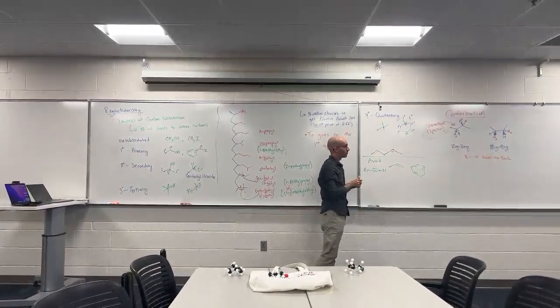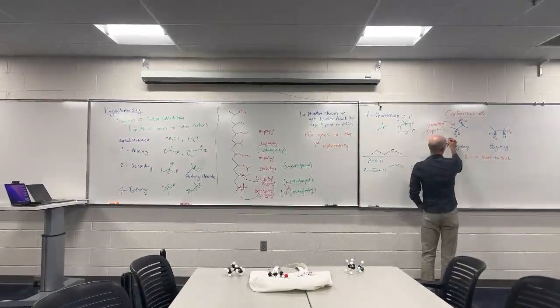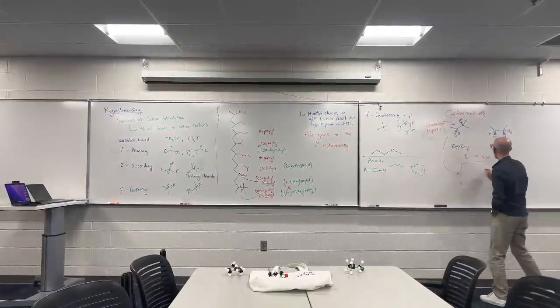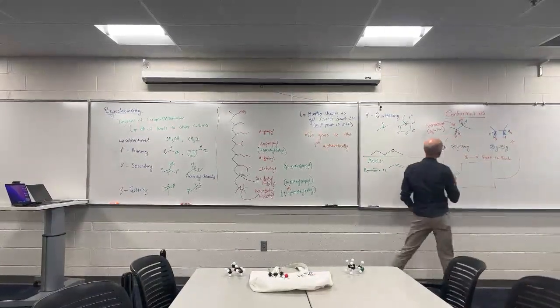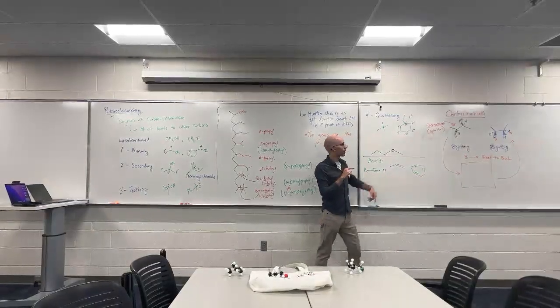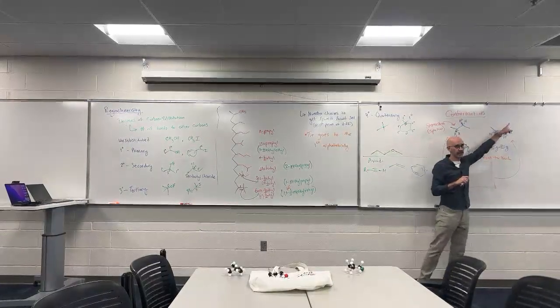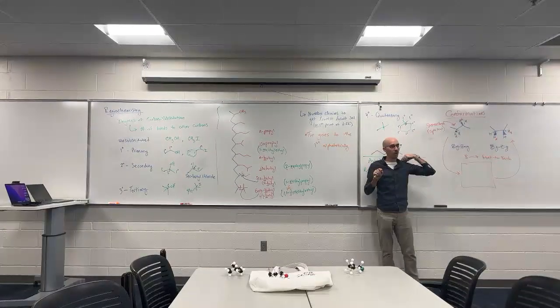And what I want you to do is to draw a conformation that lies in between these two, where this methyl group, this CH3, is not in plane, but is actually wedged or dashed.